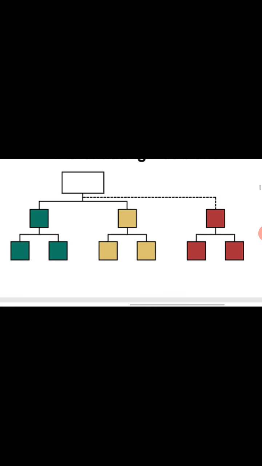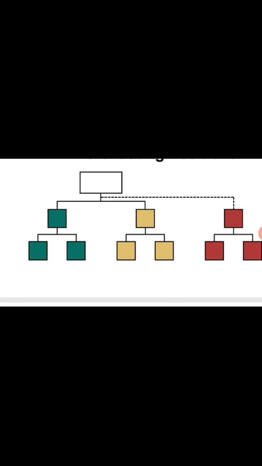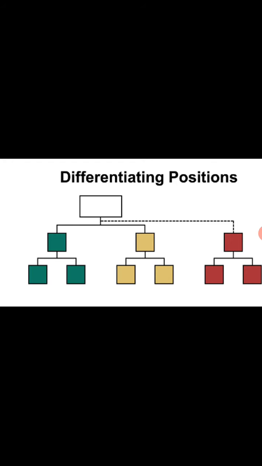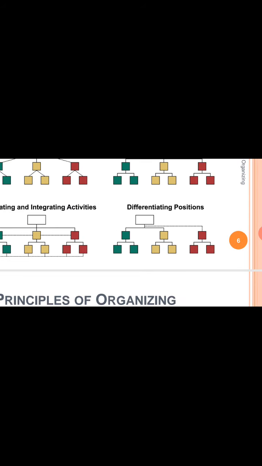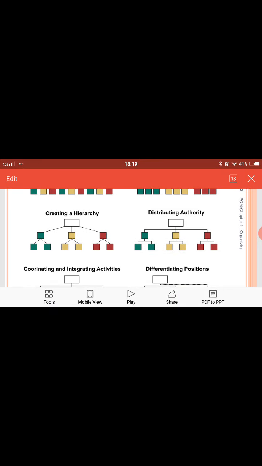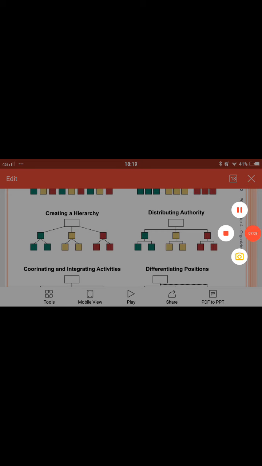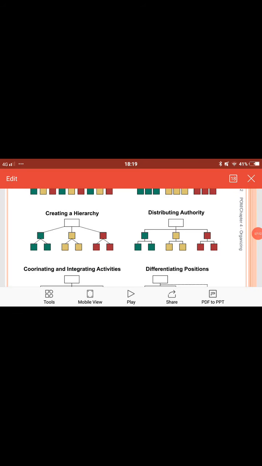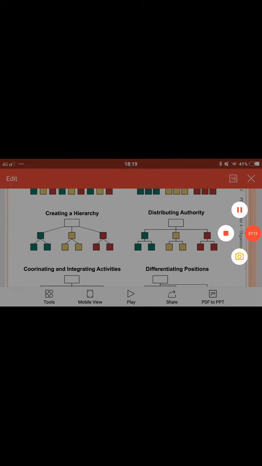The authority the head of the department has must be different from the other people working in the organization. They have a different work procedure and different authorities, so we need to understand this. This is all about the process of organizing and the definition of organizing.